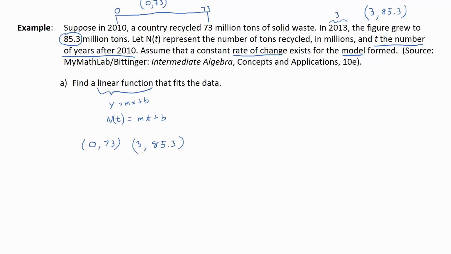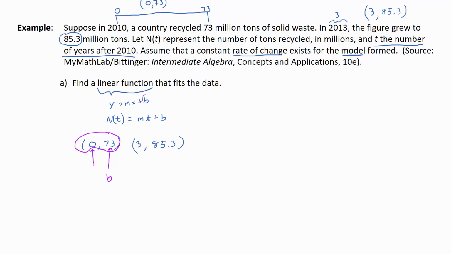So now you have to decide which of the two forms do you use. Do you use slope-intercept form, y equals mx plus b form, to find the equation of the line? Or do you use point-slope form, y minus y1 equals m times x minus x1? Well, here's a big clue. There's a 0 as one of the inputs, which means this point is a y-intercept, which means 73 is b.